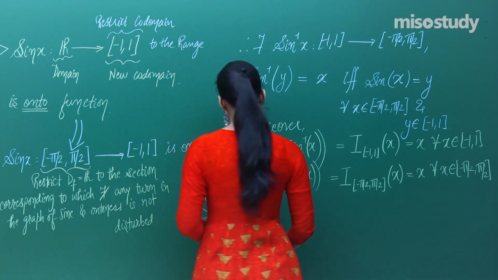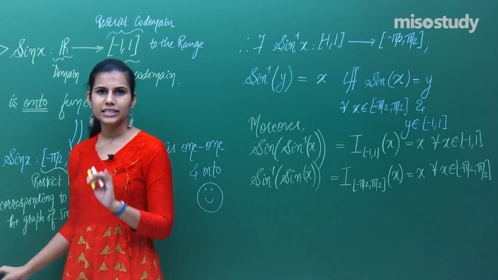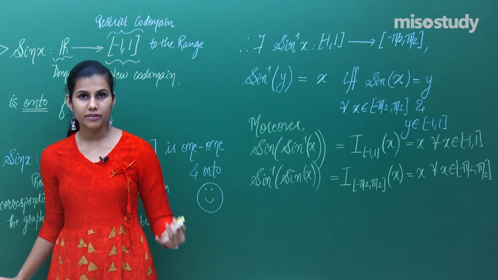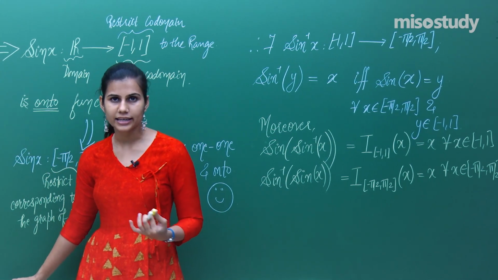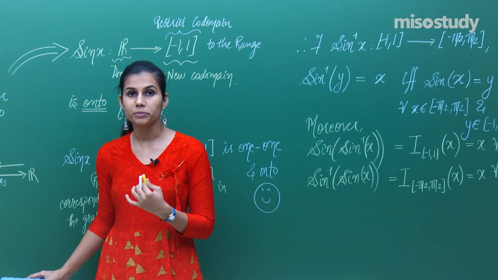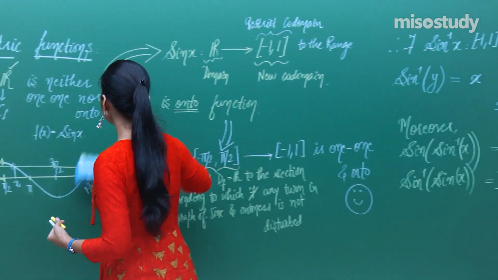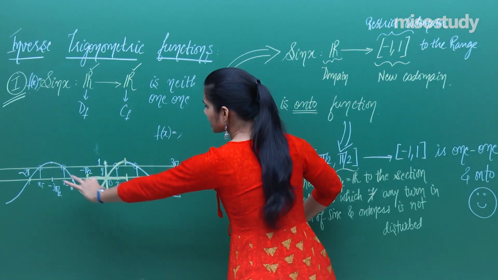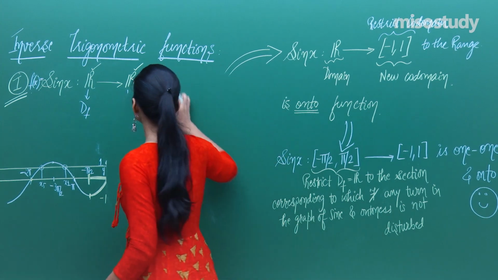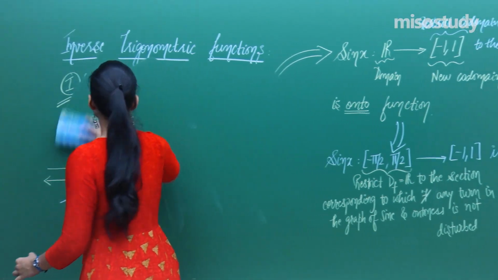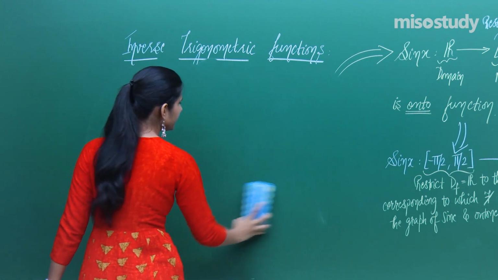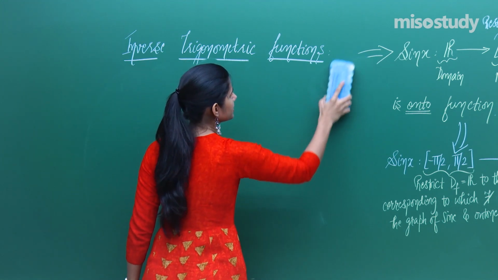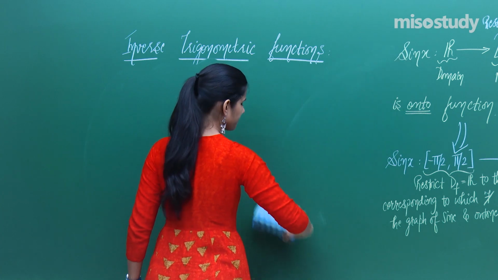Now, when we have deduced the existence of sine inverse, let us graphically try to understand what features it possesses, how it looks, and how it actually corresponds to being the inverse of sine. So now we are not interested in this graph of the sine function. We are interested in that graph of the sine function which gives me the existence of sine inverse.